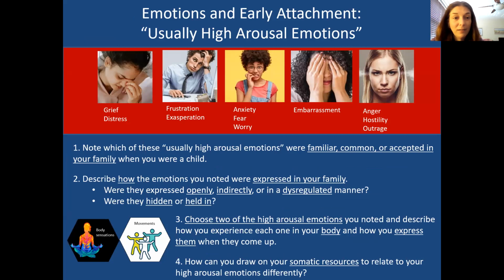So these could include things such as grief or distress, frustration, exasperation, anxiety, fear, worry, embarrassment, anger, hostility, or outrage, okay? So think about these emotions, right? And which one of these might have been familiar, common, or accepted in your family when you were growing up, okay? Describe how these emotions were expressed in your family.